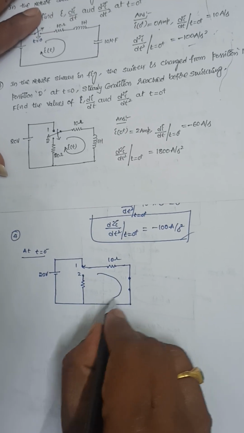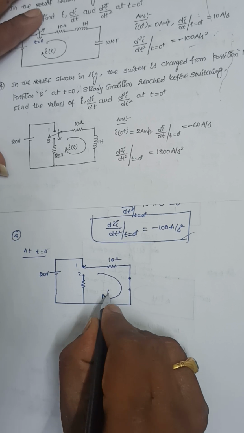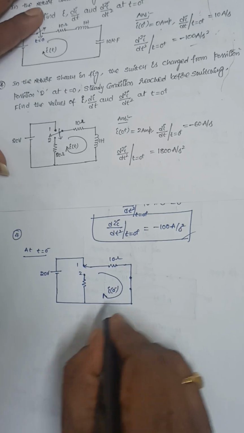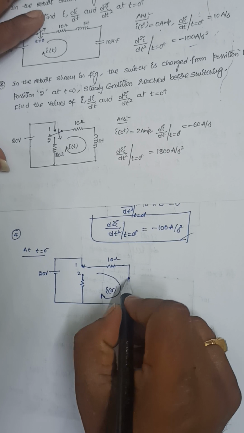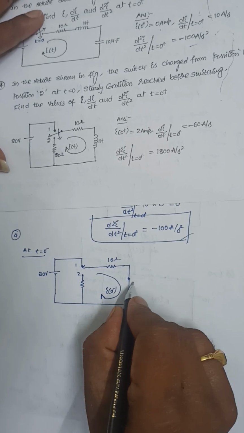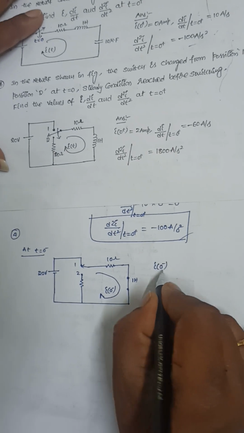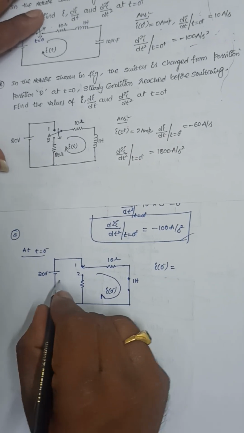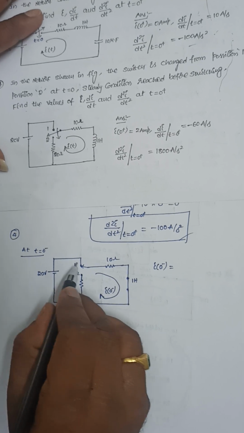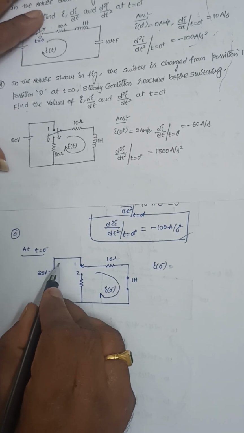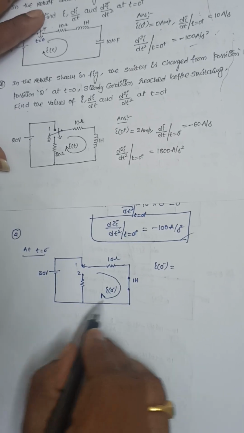Now this current is i of 0 minus, or iL of 0 minus, the current flowing through the inductor, which is 1 Henry. I need to find this current from the 20 volts. This current will circulate like this.